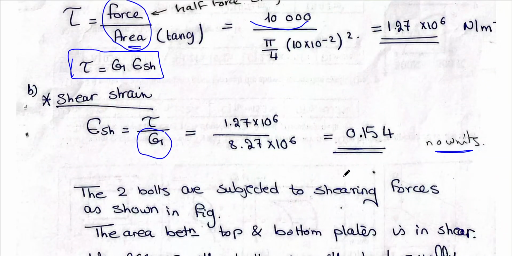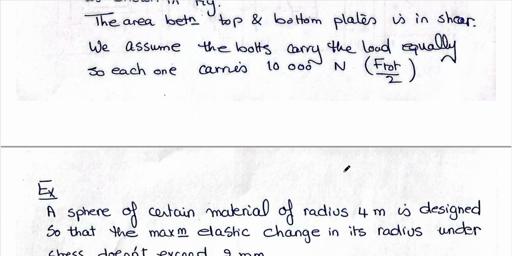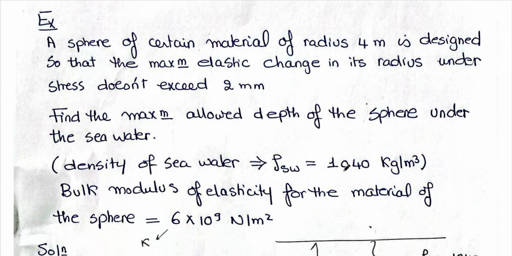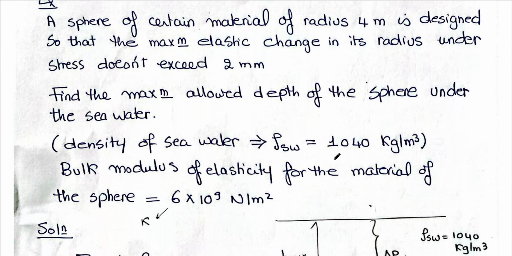The last example we want to discuss is an example on the bulk elasticity and how to deal with volume elasticity. In this example, we have a sphere of certain material. Its radius is 4 meters.